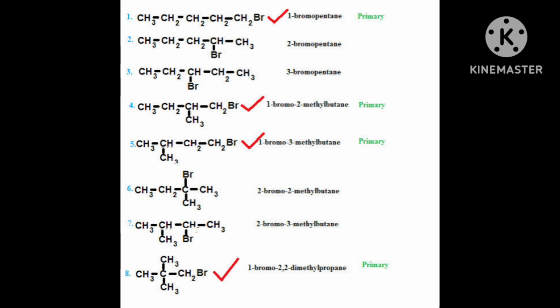Now this butyl group is attached with only 2 carbons; 1 is hydrogen attached there, and one is open.